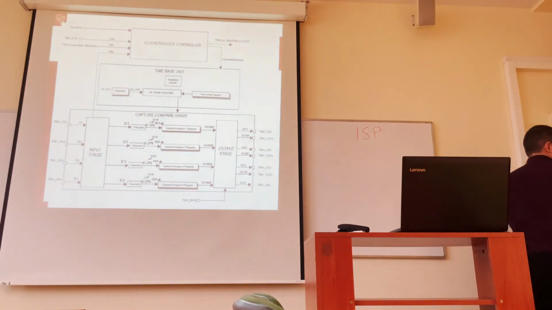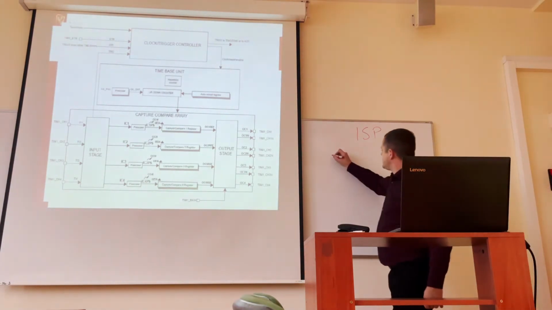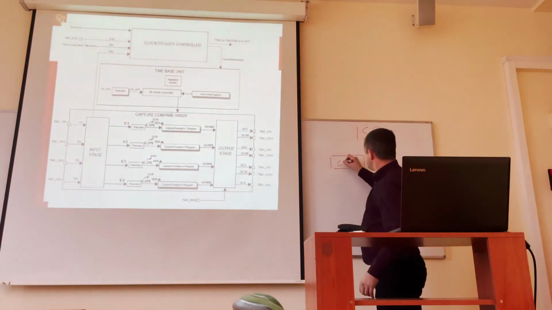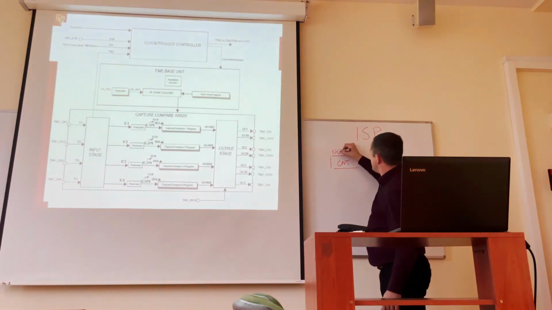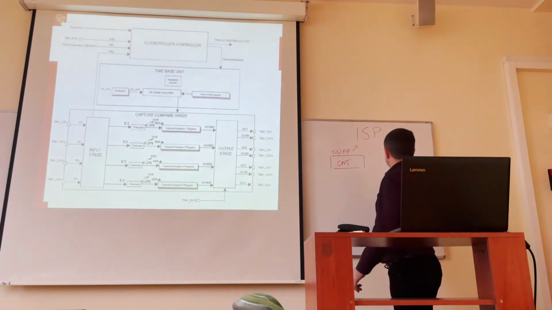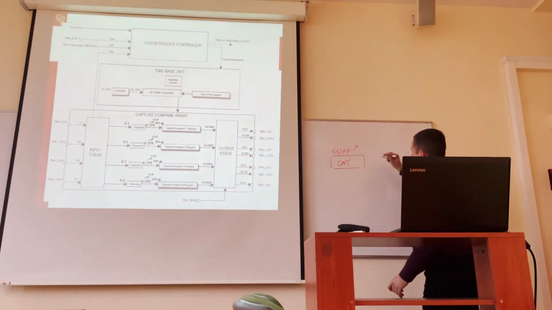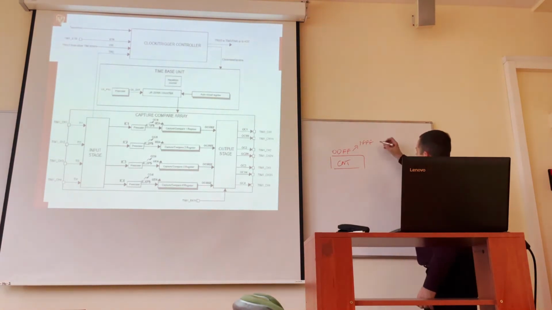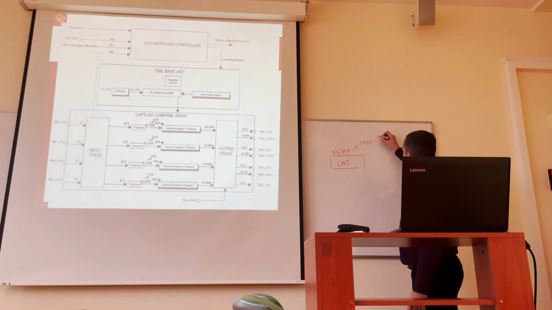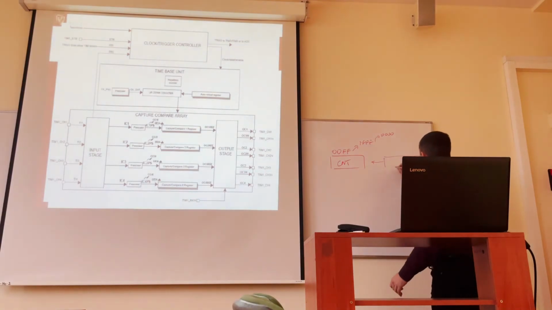We've got the counter register, and let's say it counts up, starting from 0, up to FFFF. When it reaches FFFF and the next clock comes in, then instead of going to 0000, we can set the auto-reload functionality.